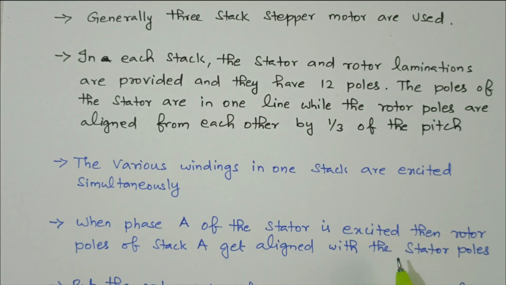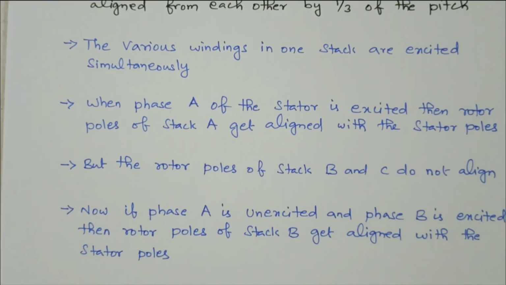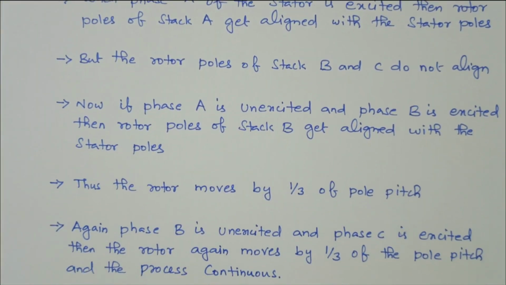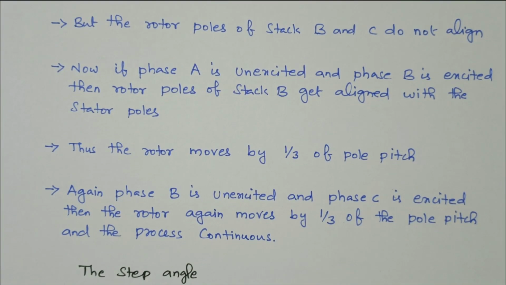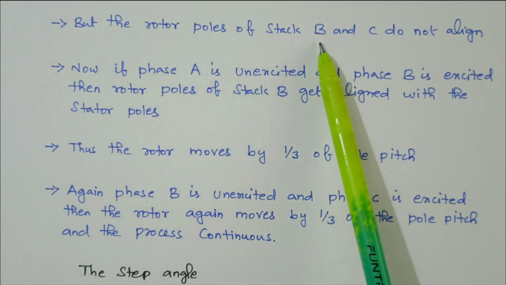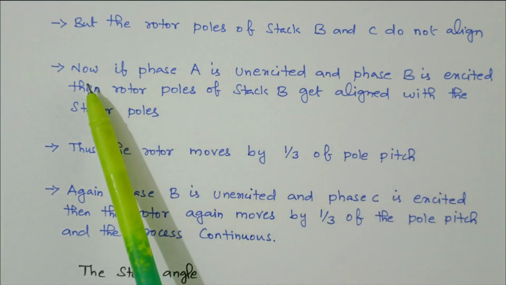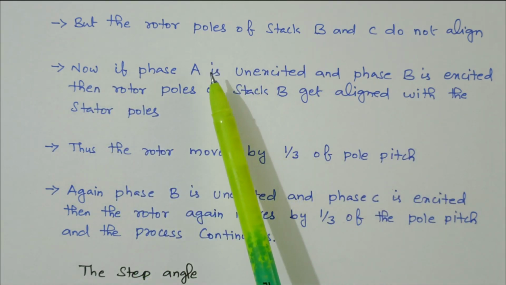B and C are not excited, only phase A is excited, right? But the rotor poles of stack B and C do not align. Only A is aligned. Due to that we are getting a small step angle.